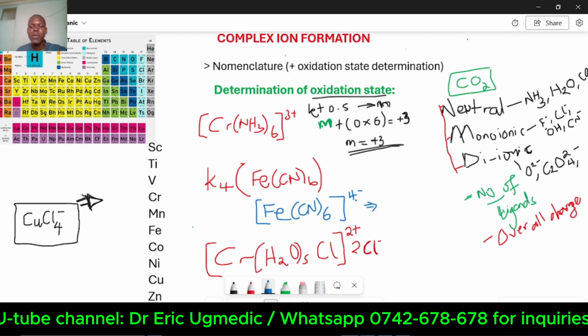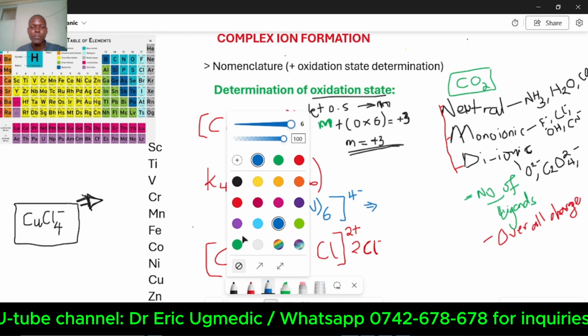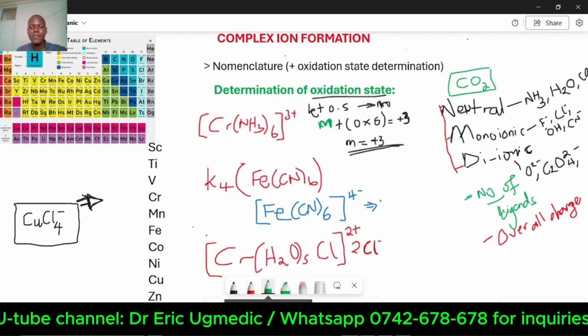So even here, I'll let the unknown oxidation state of iron be, let's say, P. So I'll say P, the oxidation state of iron, plus, what's the oxidation state of cyanide? It's a negative 1. It's monoanionic. So I'll have negative 1 multiplied by the number of cyanides there, 6.